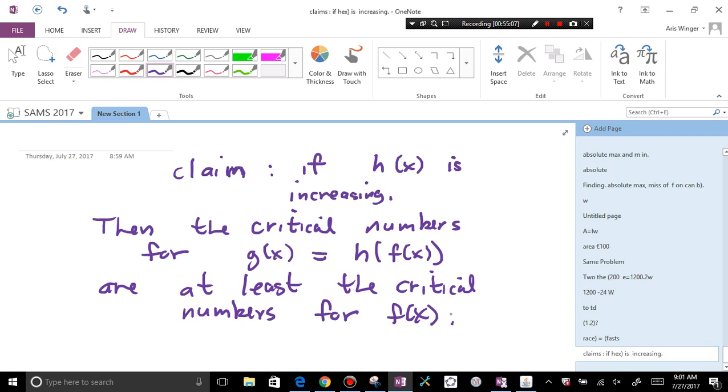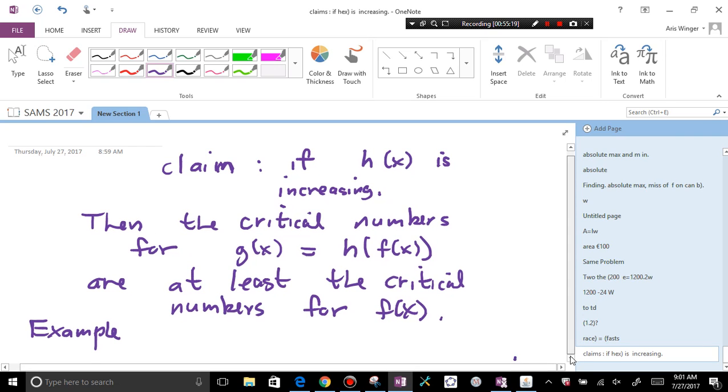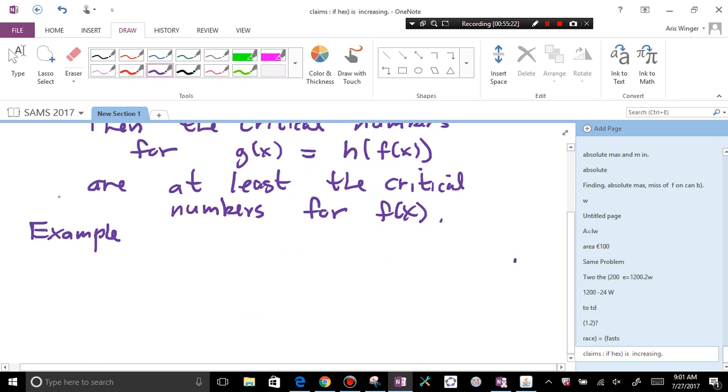And so we'll do an example. So for instance, here's an example. So this example should help us for any particular h. You should be able to follow this proof for any h in general. If we use the natural log of x, if h of x is equal to the natural log of x, then g of x is equal to the natural log of f of x.